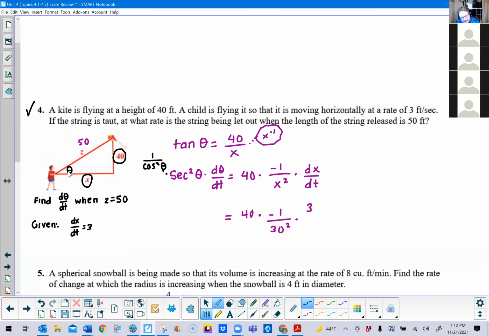And then the cosine of an angle is just simply adjacent over hypotenuse. That would be 30 right now over the 50, which reduces to 3/5, but that 3/5 is going to have to be squared.